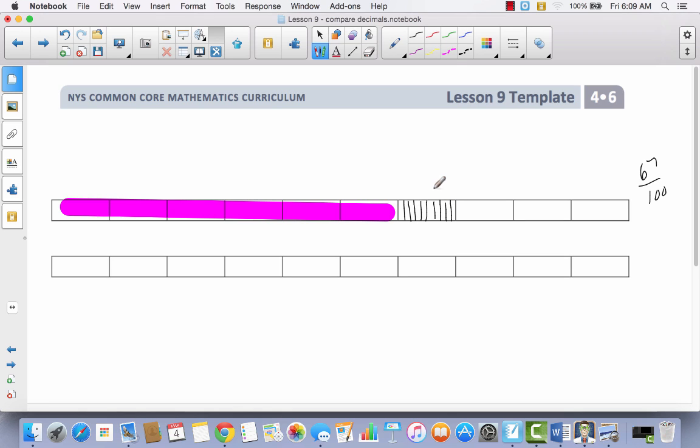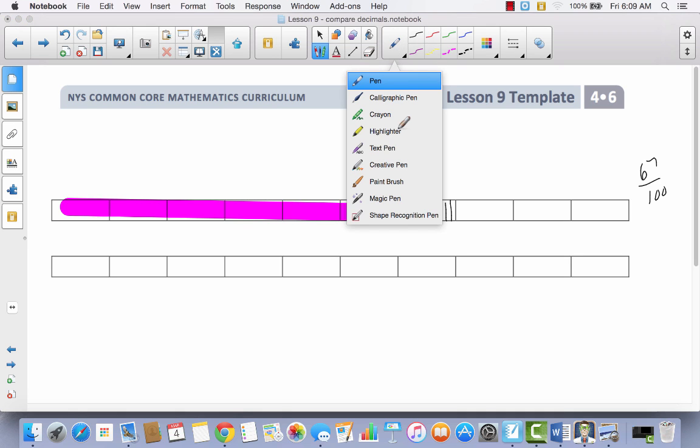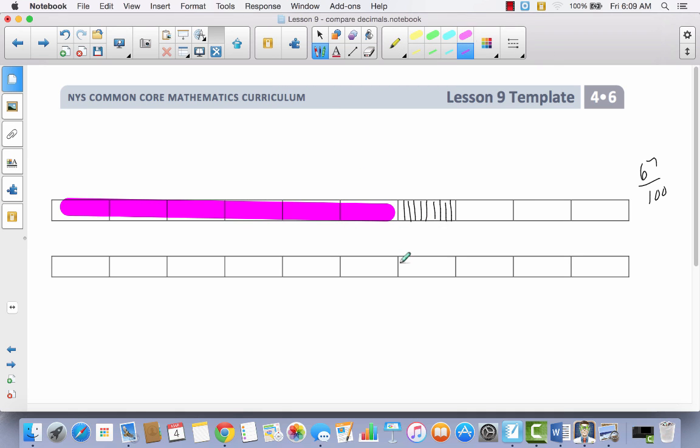So that makes 10 boxes. So now all I have to do is come back and shade 7. So I have 1, 2, 3, 4, 5, 6, 7. Okay, so this is 67 hundredths.